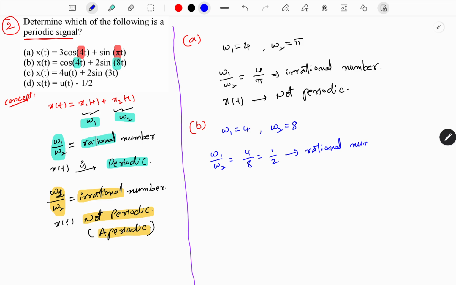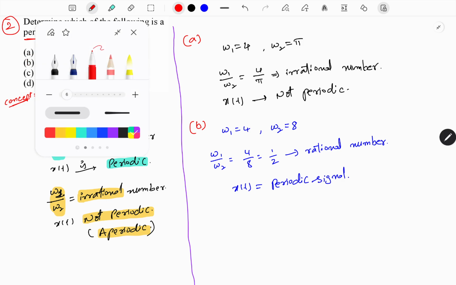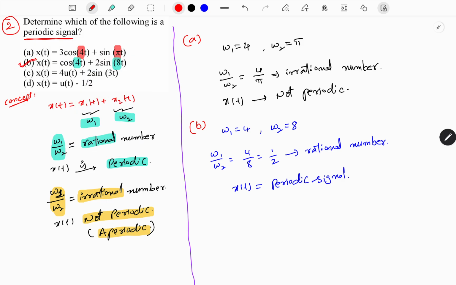Then the overall signal x of t is a periodic signal. So option B is correct. Option B is the right answer for our question.